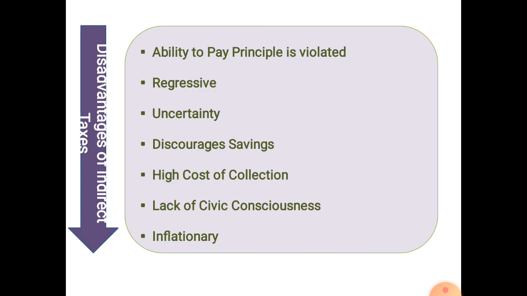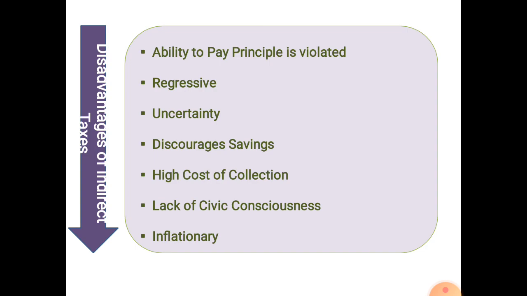Third point, uncertainty. The quantity demanded will be affected by the imposition of the taxes. Thus, the revenue generated from these indirect taxes is uncertain. Fourth disadvantage, indirect taxes discourage savings.